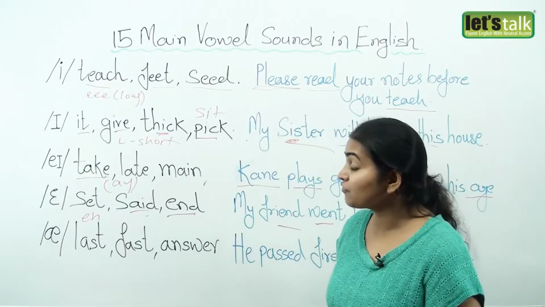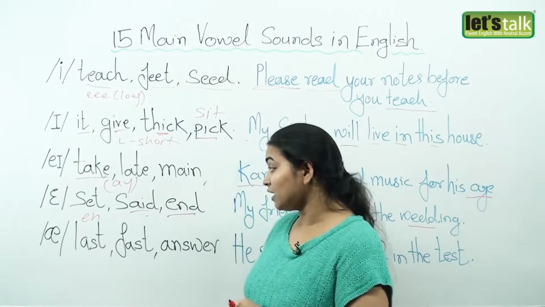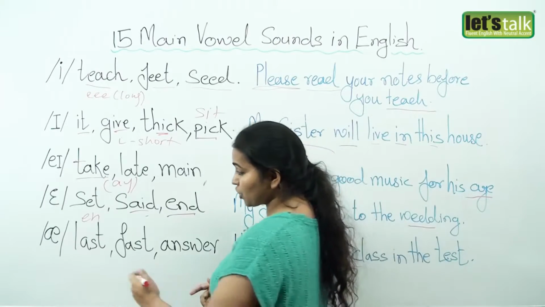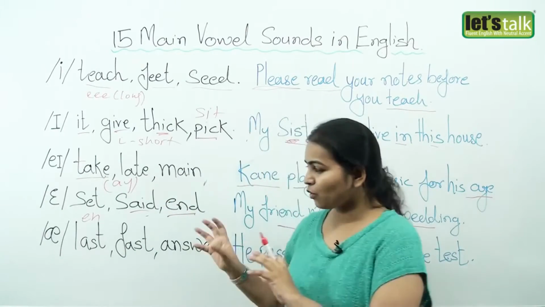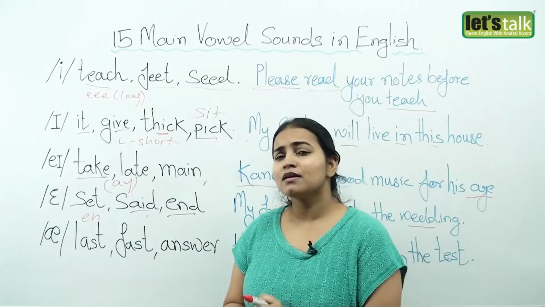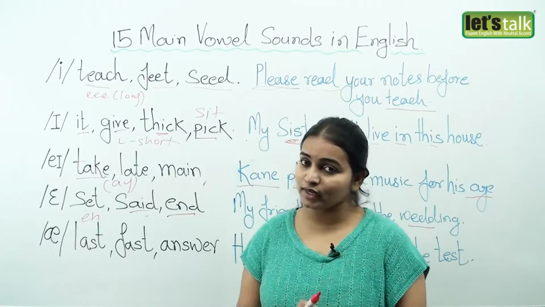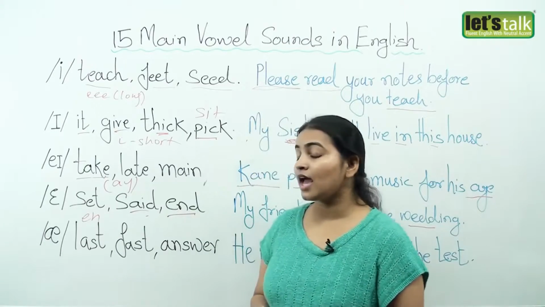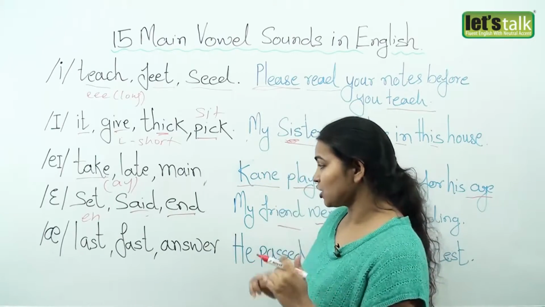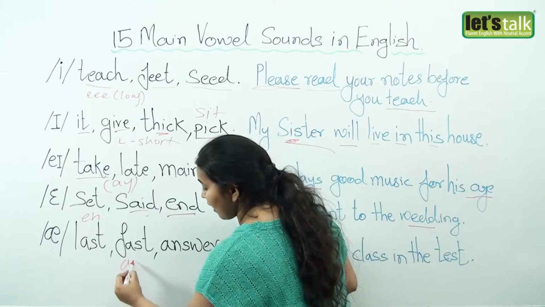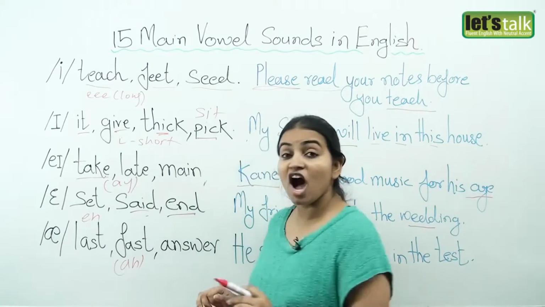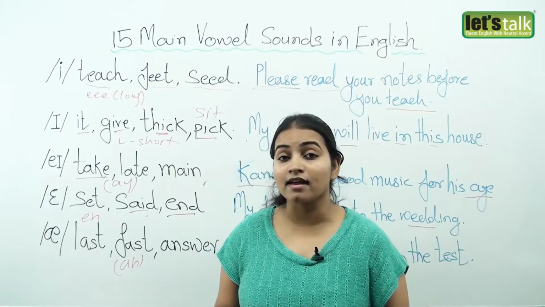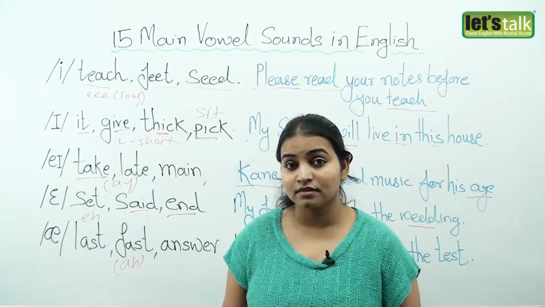Moving on to the fifth vowel sound, we've got the symbol which looks like this. Quite complicated to look at, but the pronunciation should be quite simple, I presume. The first word is last. So the pronunciation is an ah. Can you do this?